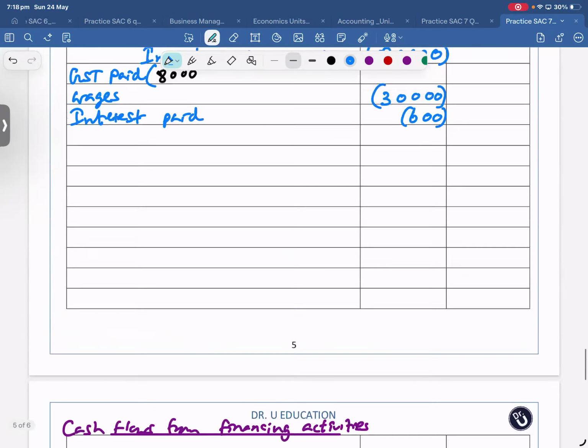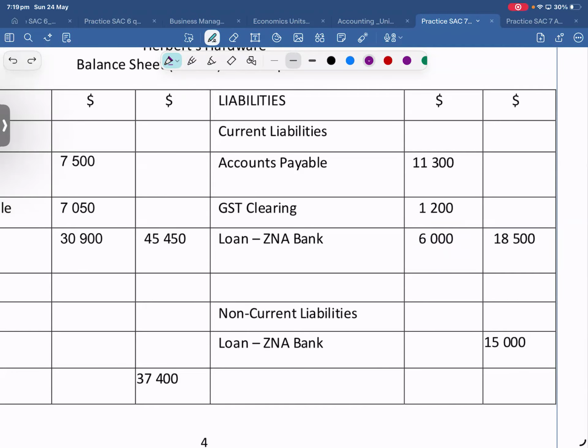All right, then, guys. You have current liabilities. Look at this, 6,000. In current liabilities, what do we report? The annual amount is what we report. Yep, 6,000. Then how much is quarterly? You divide by 4, 1,500. So the quarterly repayment is, guys, how much? 1,500.